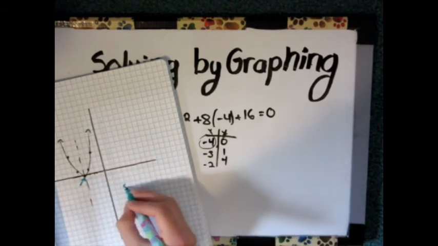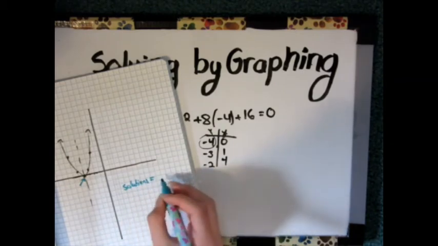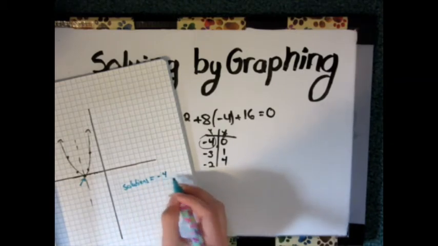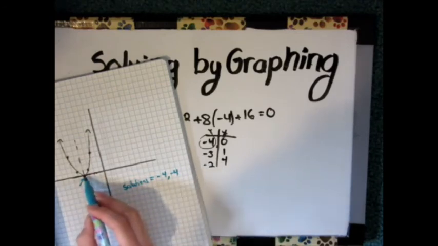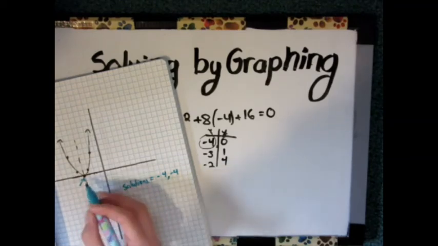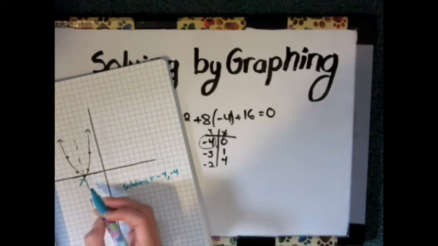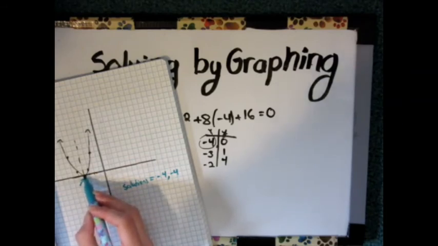So the solutions are negative 4, negative 4 in this case, because I wanted to show that when it's just the point, your vertex, that's on the x-axis, you're going to get a double solution. So since it's over here, this is where your equation hits the x-axis.